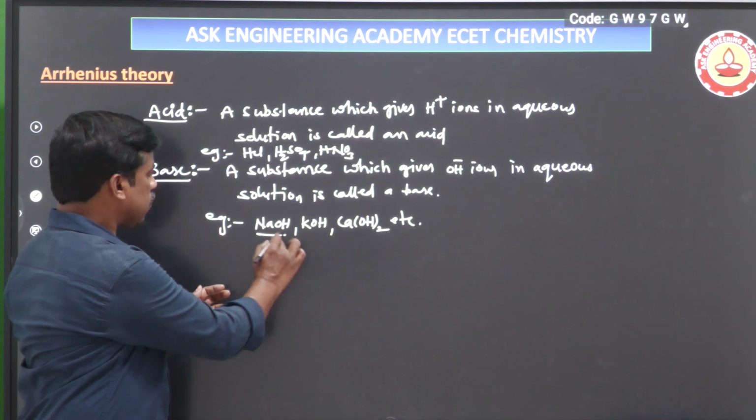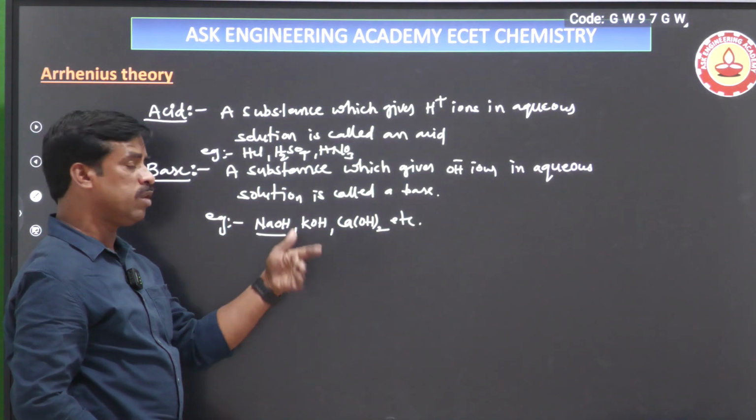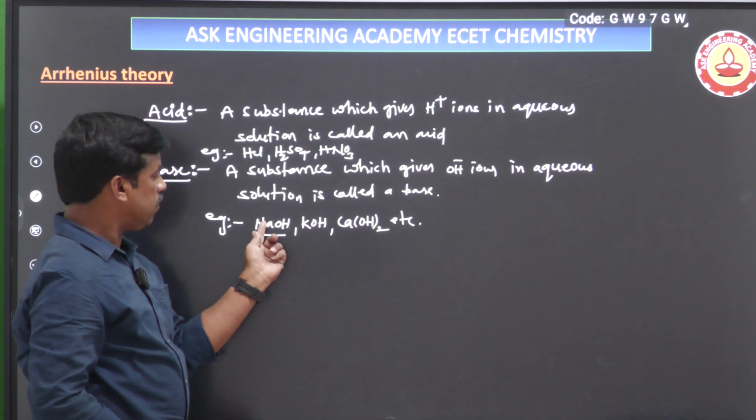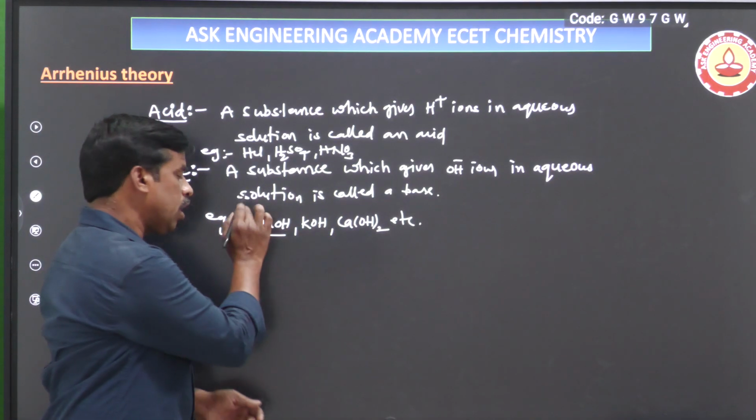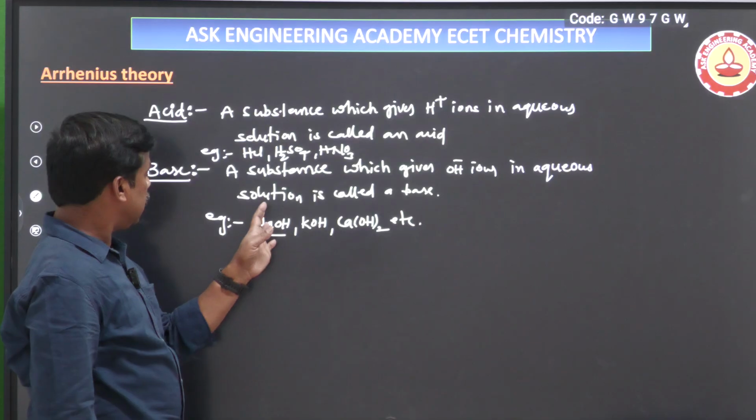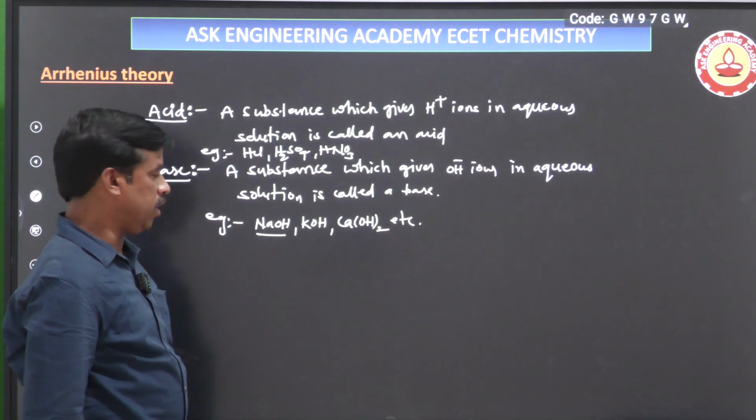Whenever sodium hydroxide dissolves in aqueous solution, it dissociates into Na plus and OH minus. It releases OH minus, that's why this compound is treated as a base.